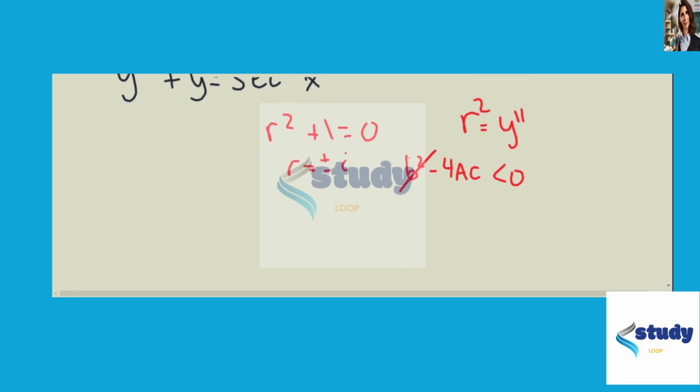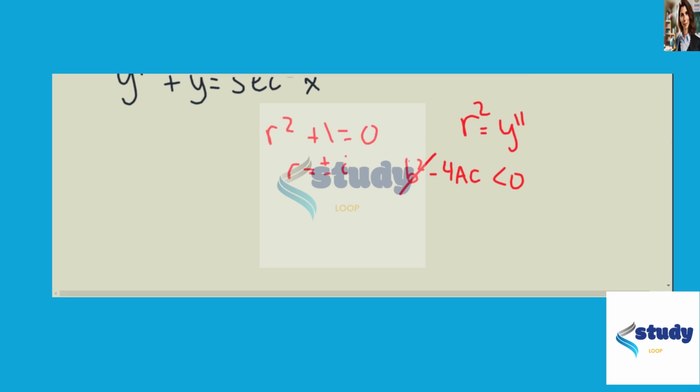So this means that our solution will have the form y equals e to the power of alpha x times c1 cosine theta x plus c2 sine theta x.